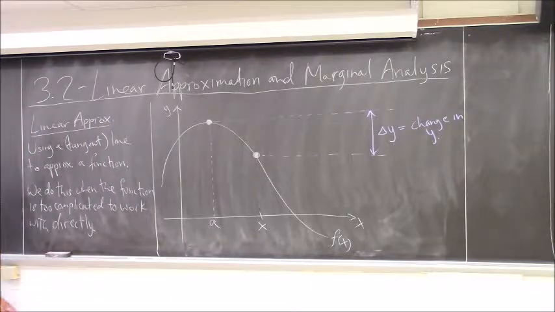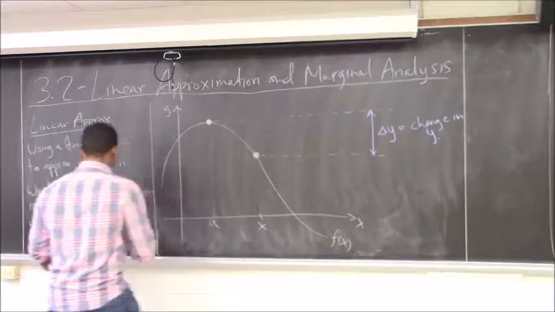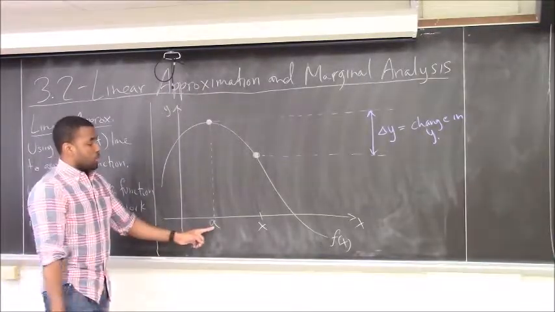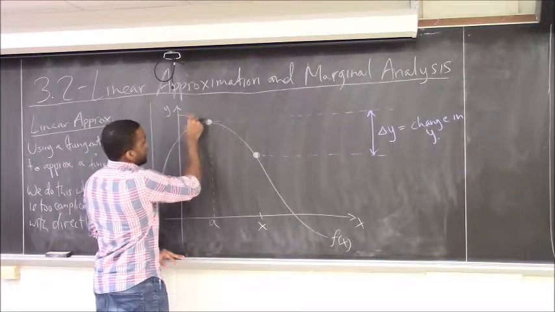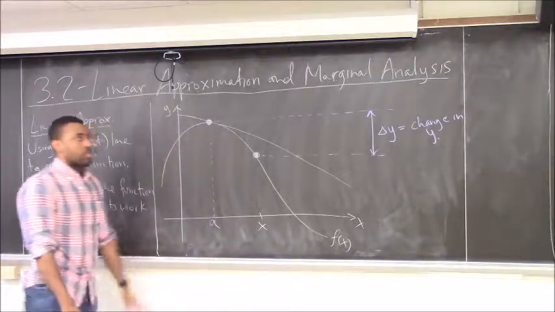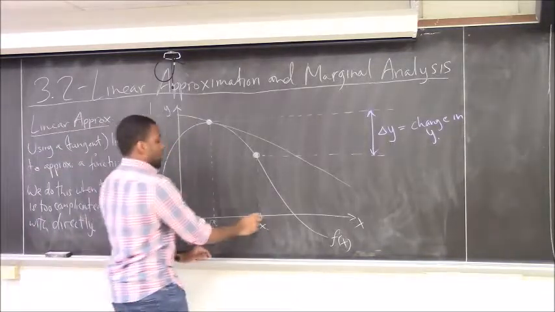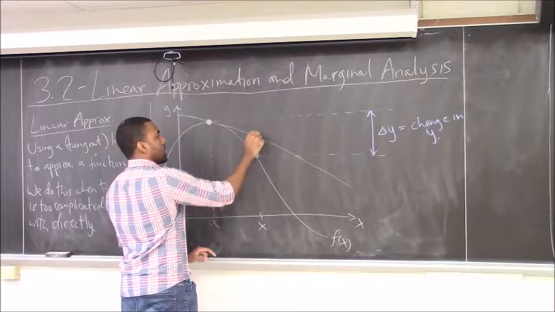So now sometimes finding that value is actually troublesome. So what we do instead is at the point where we know everything that's happening, we draw a tangent line to that point. And now that same x value, we can plug into the tangent line.